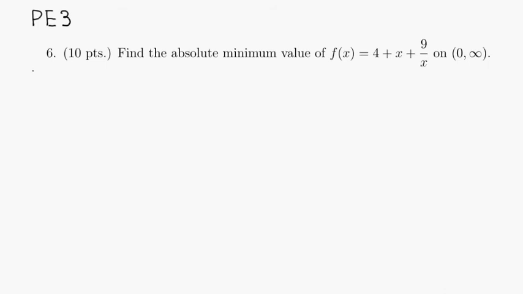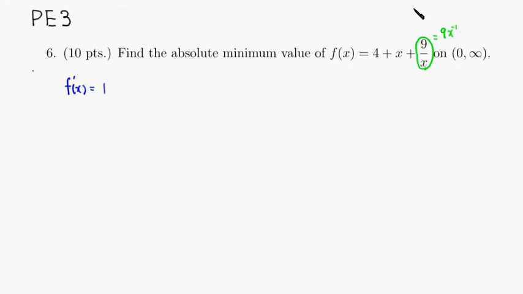The first thing is I'm going to rewrite this as 9 times x to the negative 1 power. Now let's find the derivative. So f prime of x is equal to the derivative of 4, which is 0, plus the derivative of x, which is 1, plus the derivative of 9x to the negative 1 power.